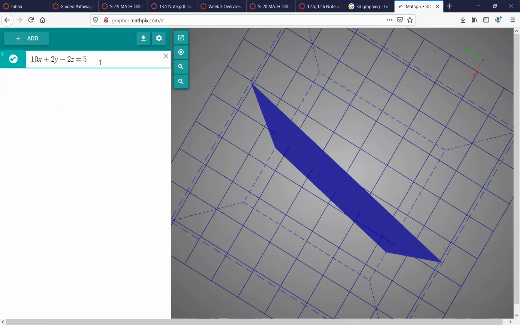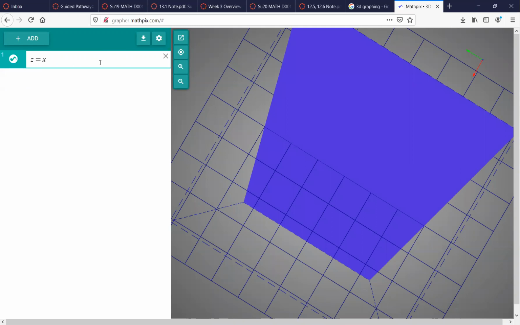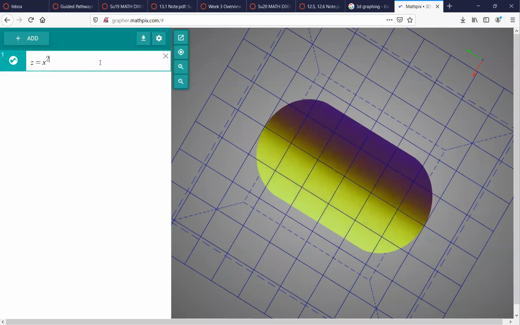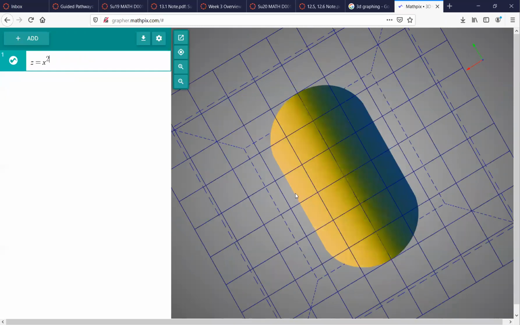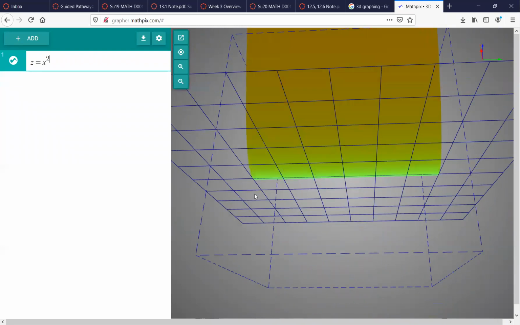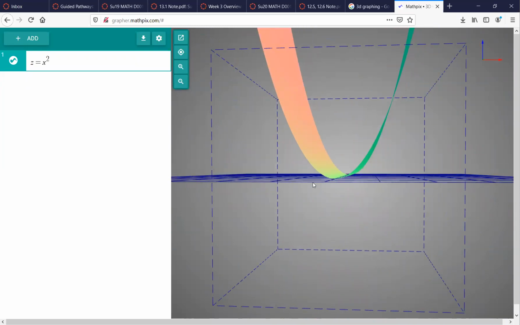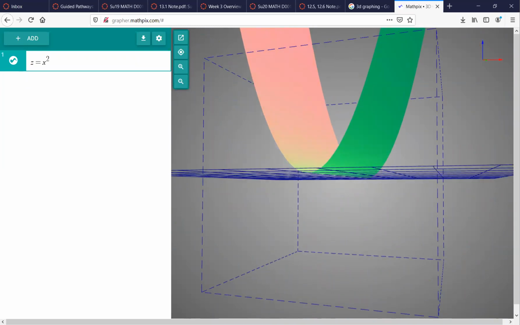The first equation says we have z equals x squared. Let's just rotate this guy. There you go. This is your graph.